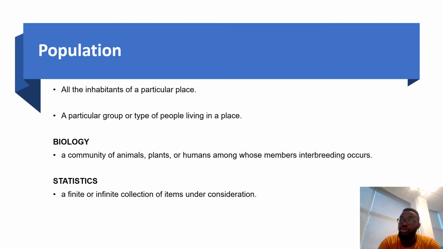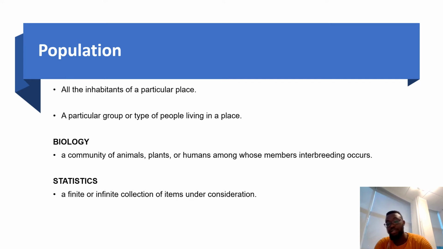You can be looking at the population of a community, so the entire community can form a population, and it's important to understand this. A population can be a particular group or type of people living in a place, just as it is in the case of a community.